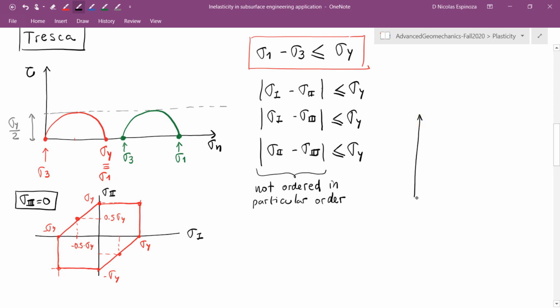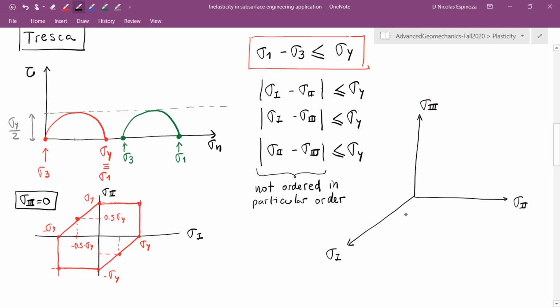Let's say I have a principal stress space, a right-handed space, and I have sigma 1, sigma 2, and sigma 3 principal stresses, but not ordered in a particular direction.